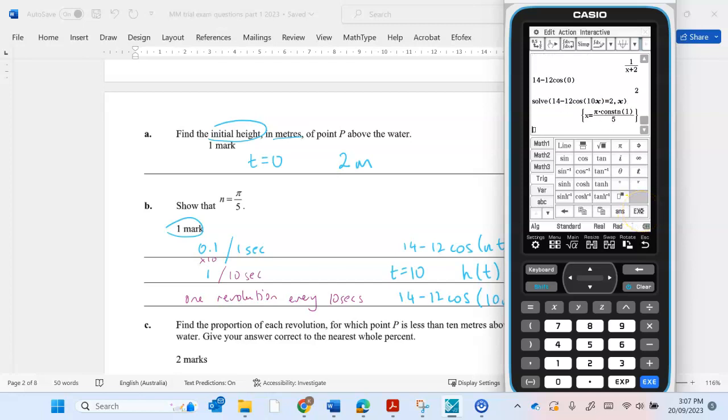And we get that. We can then substitute in values of n if we like, or you can just limit your domain. So if we're limiting the domain, between 0 and, so what are we solving for? n.